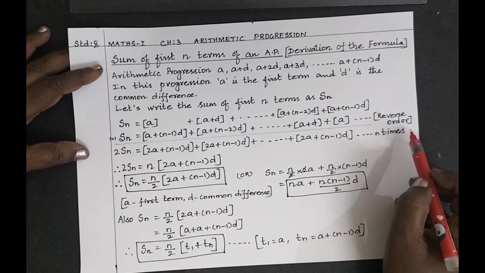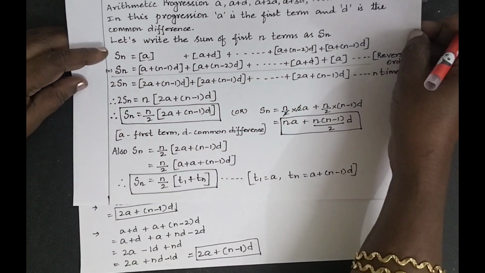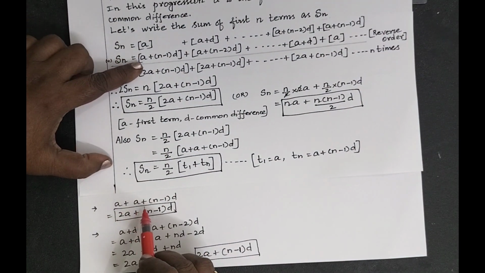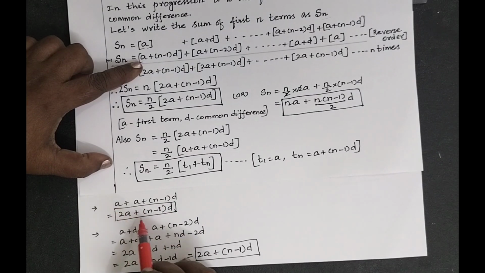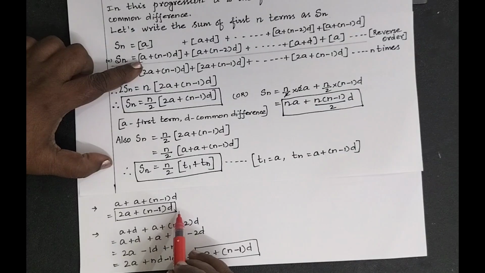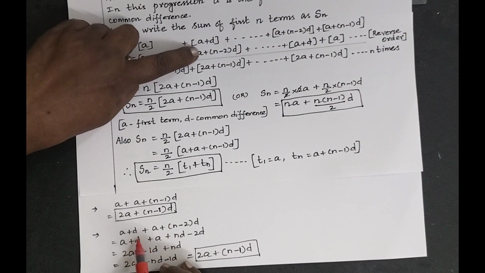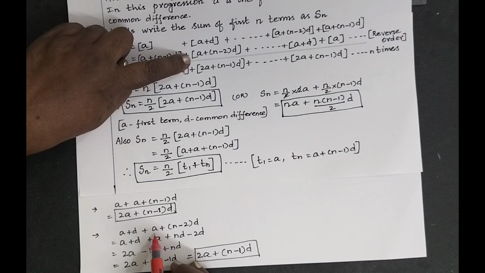This is n times. I will show you how I added this. See, the first term plus the first term in reverse: a plus a is 2a, plus (n minus 1) into d. Now, the second term is a plus d, and here the second term is a plus (n minus 2) into d.